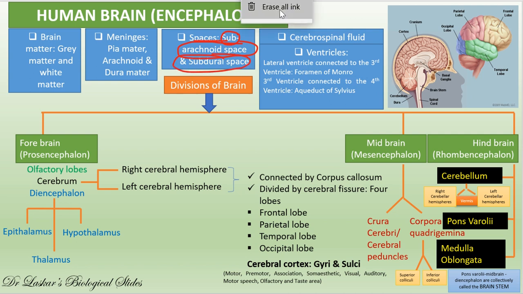Subarachnoid space is present between arachnoid and pia mater, and subdural space is present between dura mater and arachnoid. So in between the pia mater and arachnoid, the subarachnoid space is present, and in between the arachnoid and dura mater, the subdural space is present.